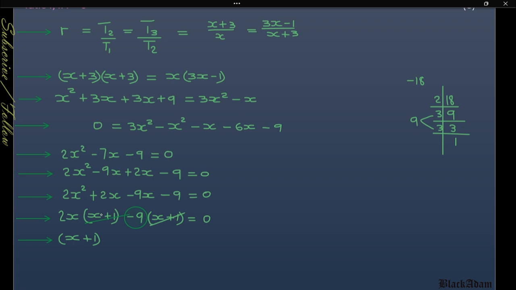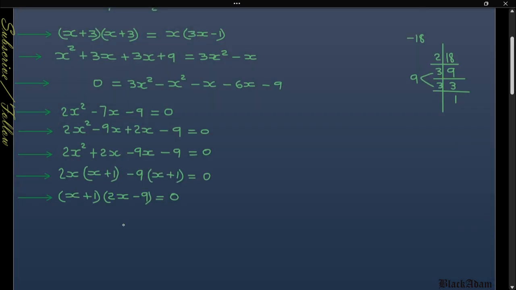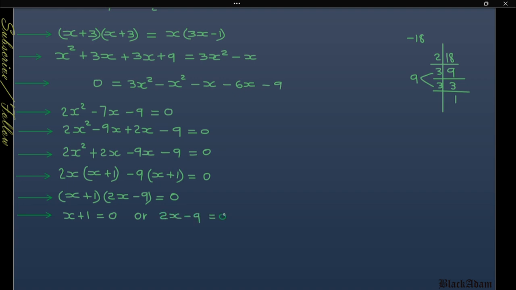When we cancel that out, we're left with negative 9 and 2x. So we're going to have 2x minus 9 equals 0, and that means we have x plus 1 equals 0, or 2x minus 9 equals 0.